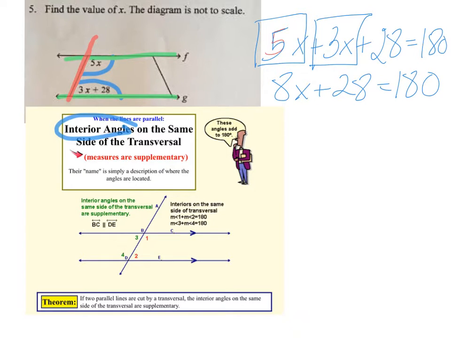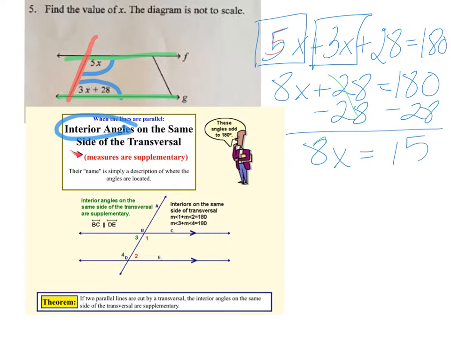We want to get x on the side by itself, so we first have to subtract 28 from both sides. The opposite of add 28 is subtract 28. And then this cancels out, and we get 8x equals 152 actually, not 158, 152.